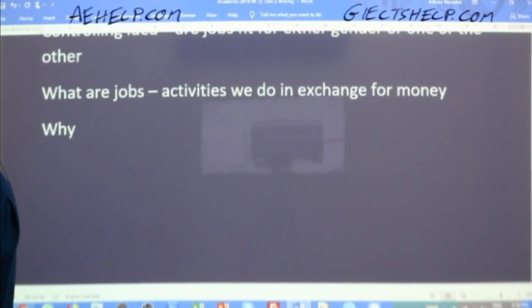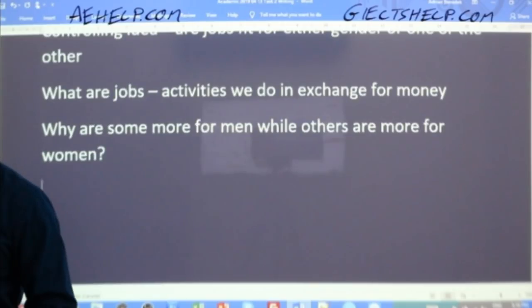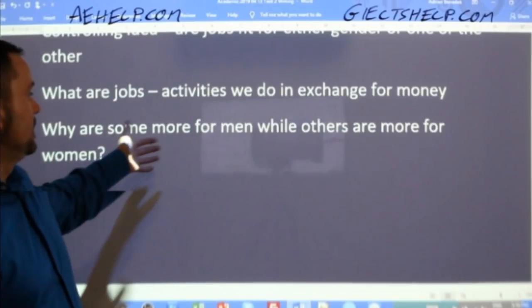Why are some more for men while others are more for women? Okay, so let's use that why question. Okay, why? So why do you think some are for men and why might some be for women?